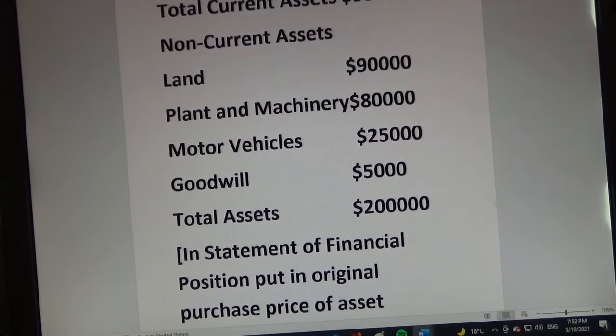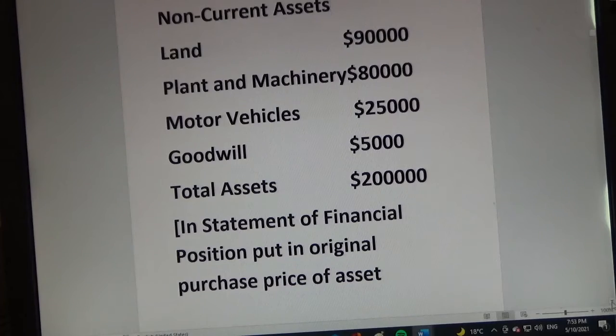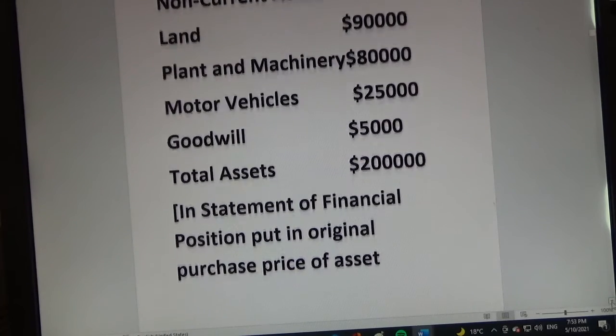So land is $90,000, plant and machinery $80,000, motor vehicles $25,000, goodwill $5,000. I didn't have buildings, maybe they're just renting. But they do have some land. Maybe they've got a parcel of land somewhere for investment that they're going to be selling soon. Add them all up, $200,000.